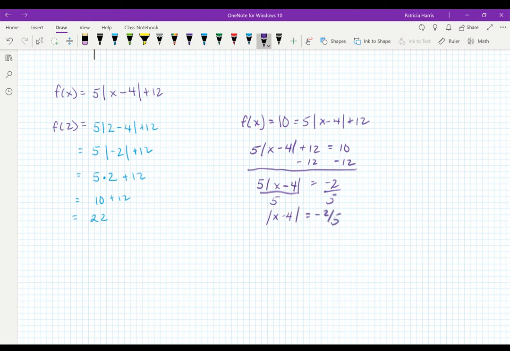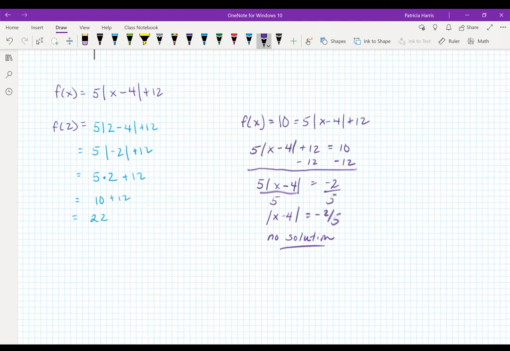I have an absolute value of x minus 4 equaling a negative 2/5. An absolute value expression cannot equal a negative, so this has no solution. So when you're asked f of a number, you plug in that number for x. When you're asked f of x is equal to a number, you plug in that number for your y value and solve the equation.